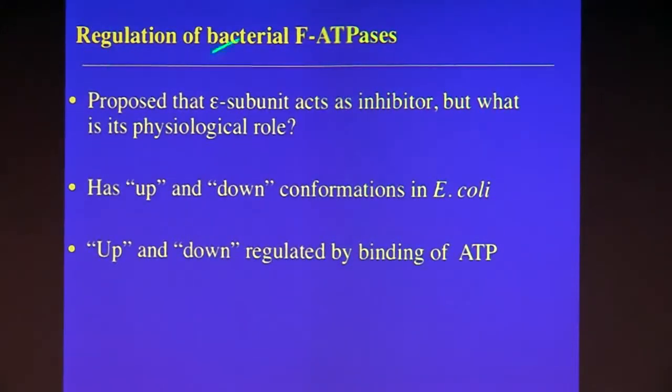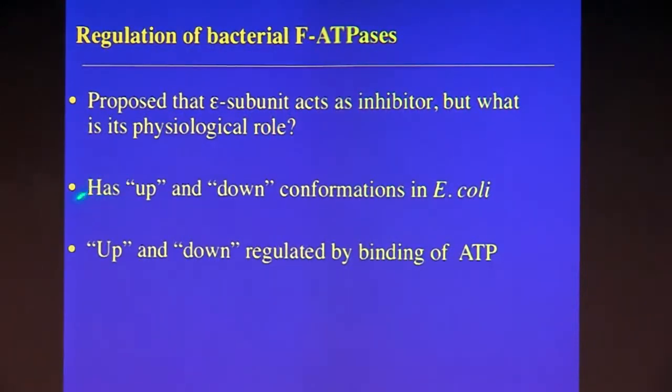Now, what about the regulation of the bacterial ATPases? It's been proposed that this epsilon protein, which is an intrinsic component of the rotor, the central stalk, I'll show you in a moment, acts as an inhibitor. But there is actually no explanation of what the physiological role of this might be.